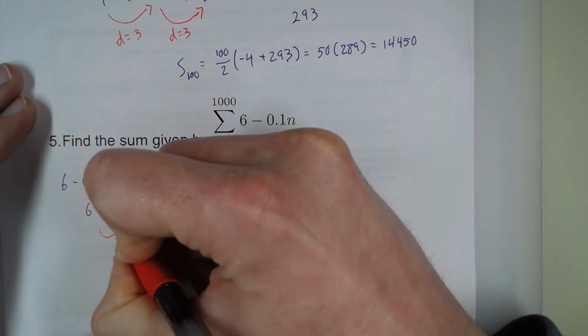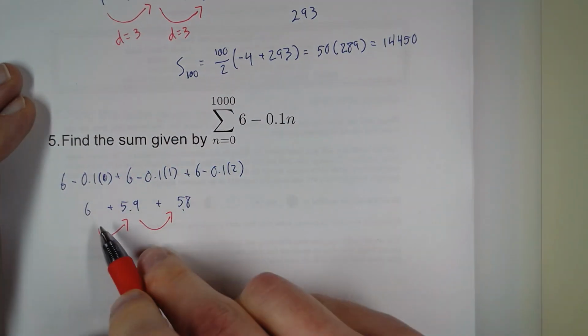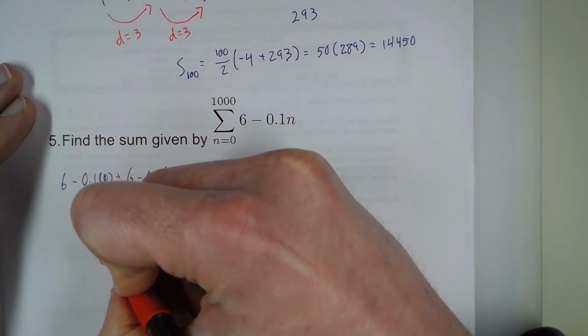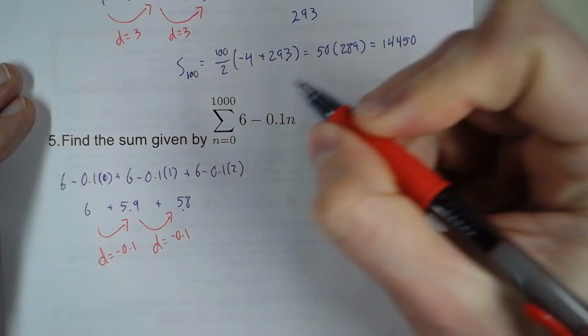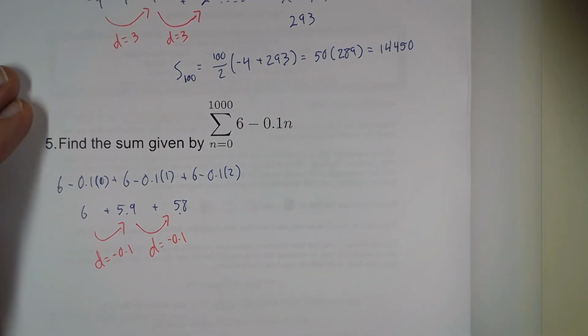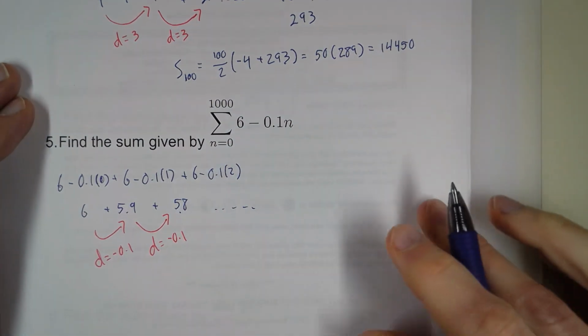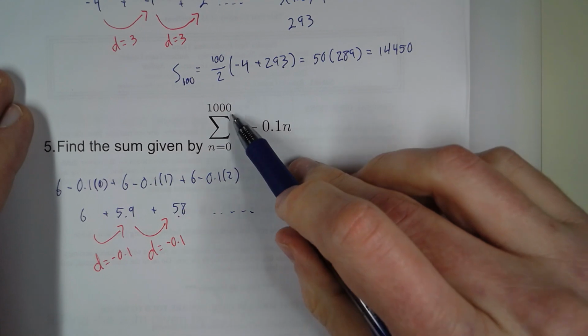So here again, to go from term to term to term, it appears that we are going down by the same amount. It appears that we're going down by 0.1. That's our common difference. So again, we have an arithmetic series. So to find the sum, I'm going to need to find the last term.